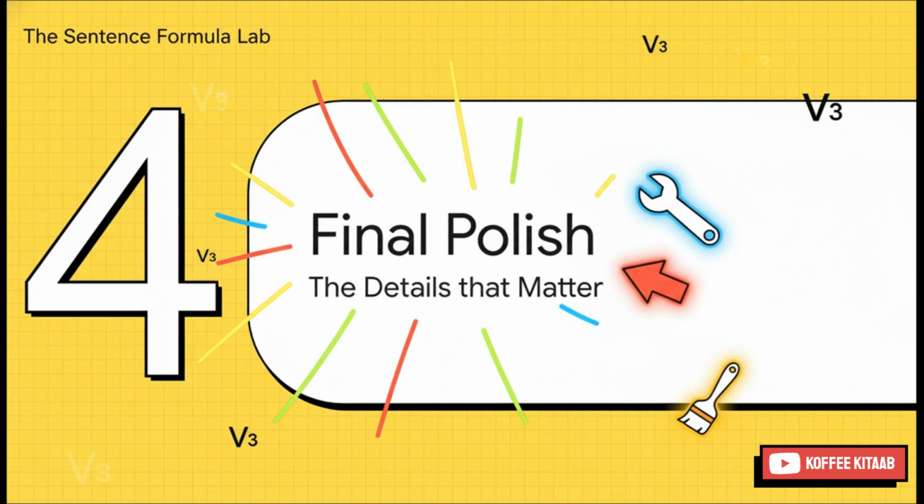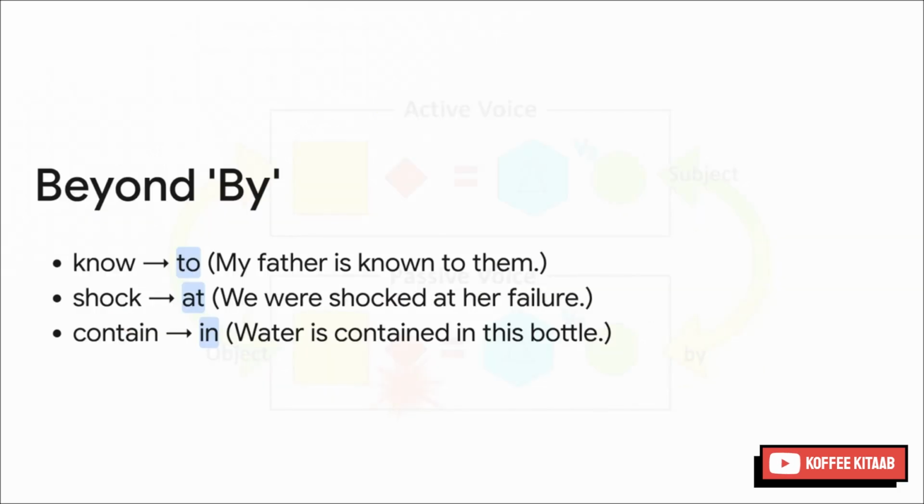We are almost at the finish line. Let's just go over a couple of final details. These are the little things that will take your transformations from good to perfect. So we've been saying by a lot, and it is the most common word, but it's not the only one. Some verbs are married to different prepositions. For example, you are known to someone, you're surprised at something, and an object is contained in something else.